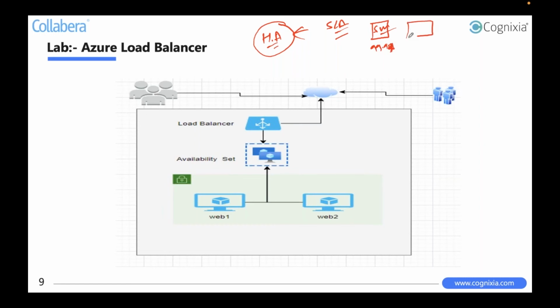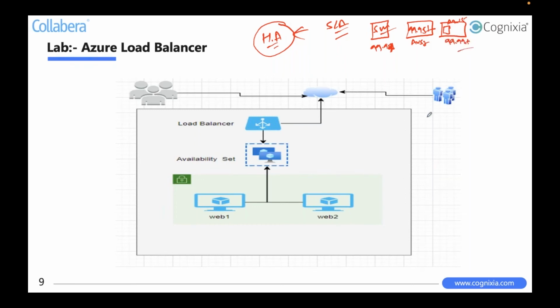If I'm using virtual machines in an availability set, an Azure availability set, I will get an SLA of 99.95%. If I'm using my virtual machines in availability zones, I will get an SLA of 99.99%.